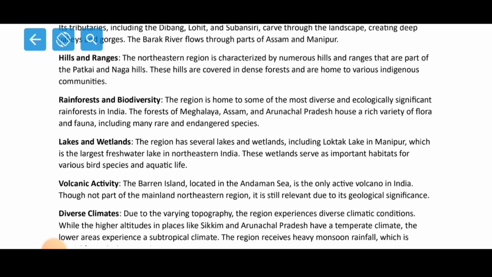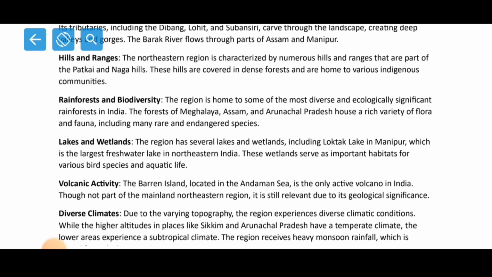The forest of Meghalaya, see, our beautiful state came again here. Meghalaya, Assam and Arunachal Pradesh house a rich variety of flora and fauna, including many rare and endangered species. Now, these are all bordering states, right? Meghalaya, Assam and Arunachal Pradesh. So it is very rich in variety of flora and fauna.